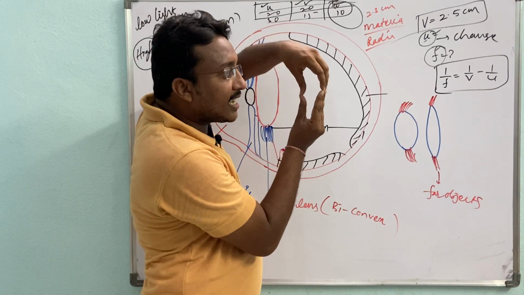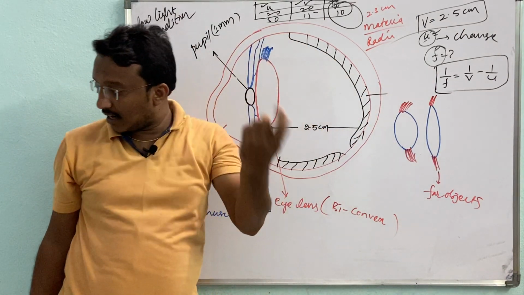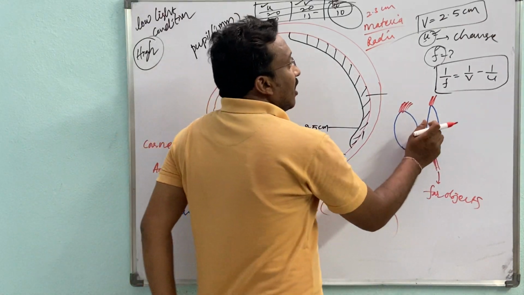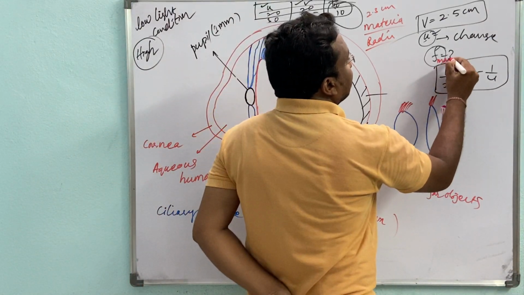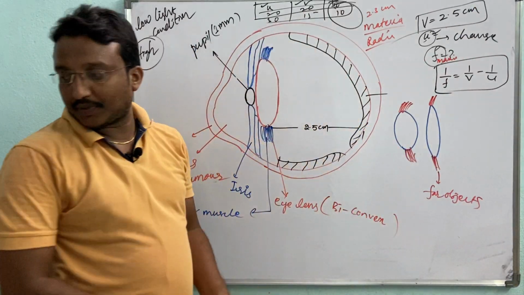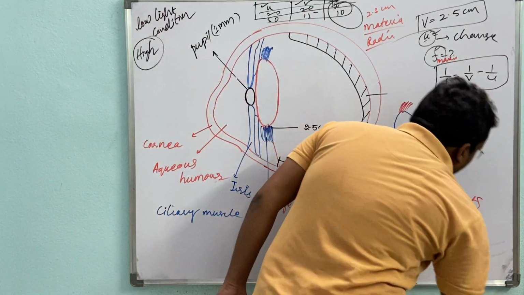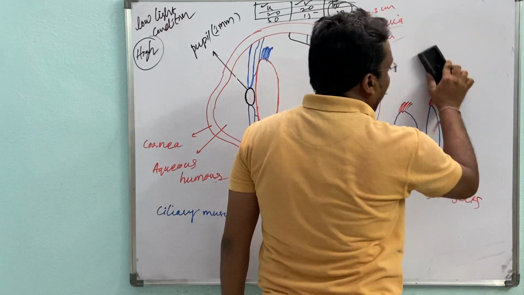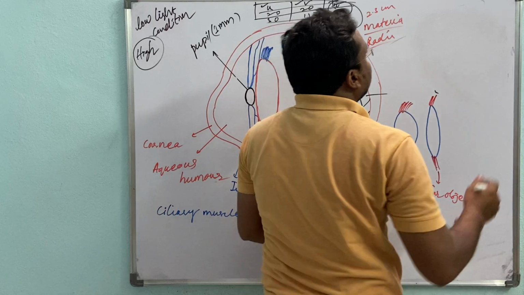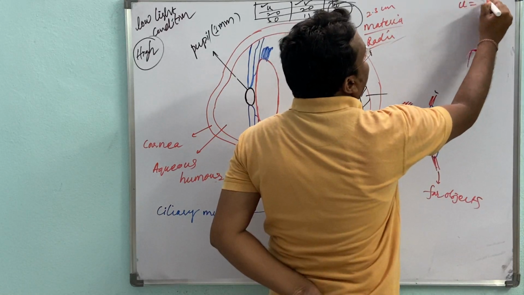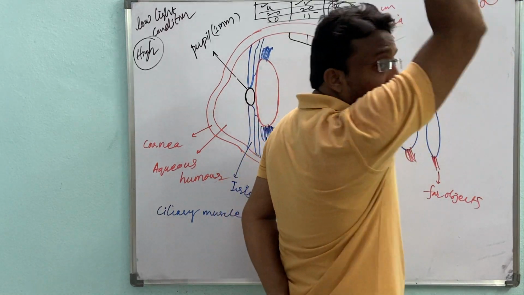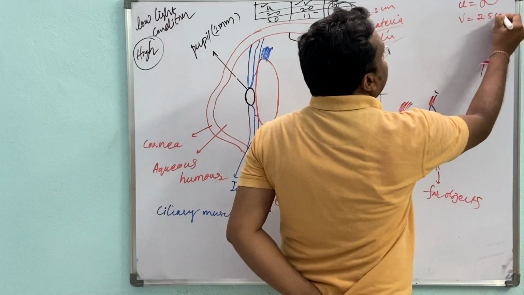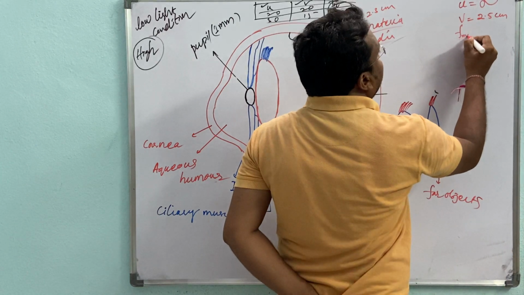In these conditions, when we observe far objects, f is maximum. The focal length of the eye lens is maximum when we focus on far objects. Here u equals infinity, the object is at infinity distance, and v is 2.5 centimeters. F becomes maximum.